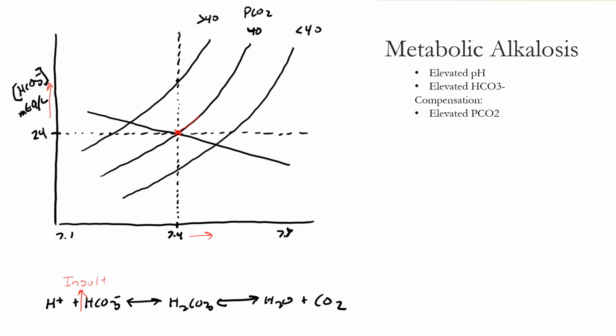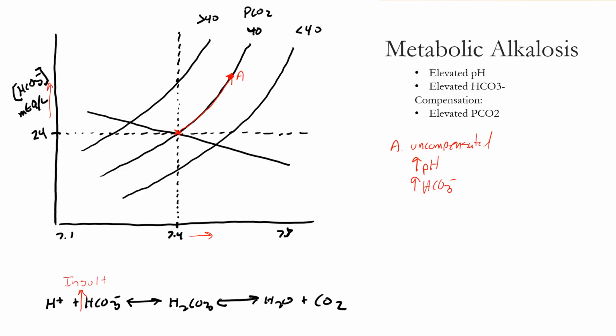So we'll draw a point here, and we'll make that our point A. Point A is our uncompensated alkalosis. This is where the pH is elevated and the bicarb is also increased. Having an elevated bicarb is like adding base. If you remember the Henderson-Hasselbalch equation, an increase in bicarb will increase our pH. So this is the uncompensated.